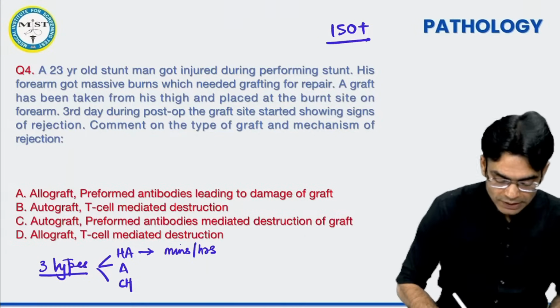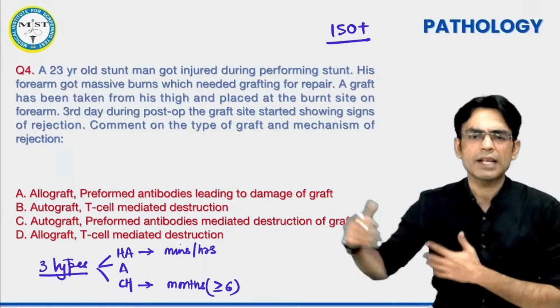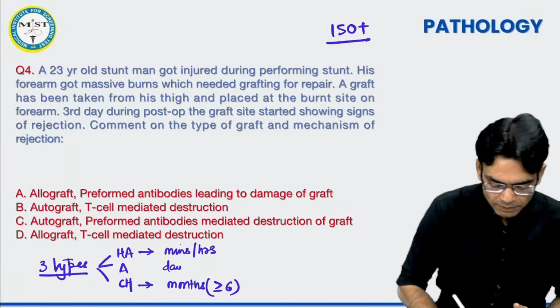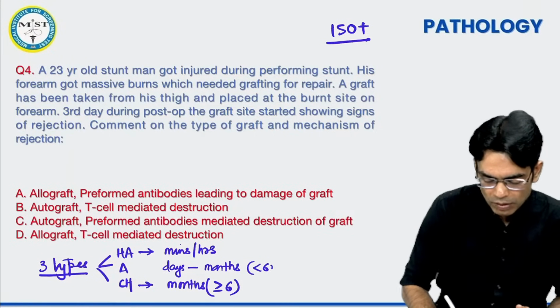In chronic, what we discussed, it is months, more than or equal to 6 months. And acute is from days to months, less than 6 months we talked about, right?